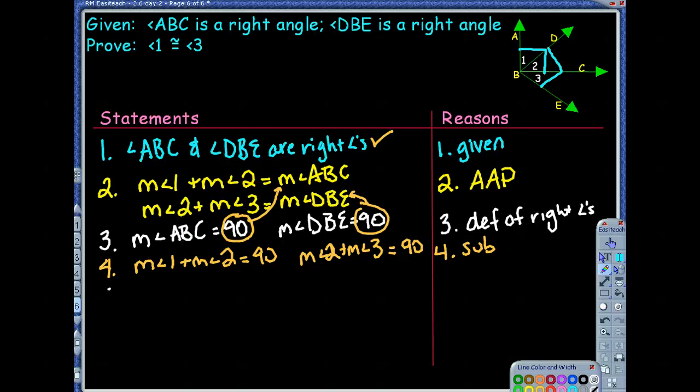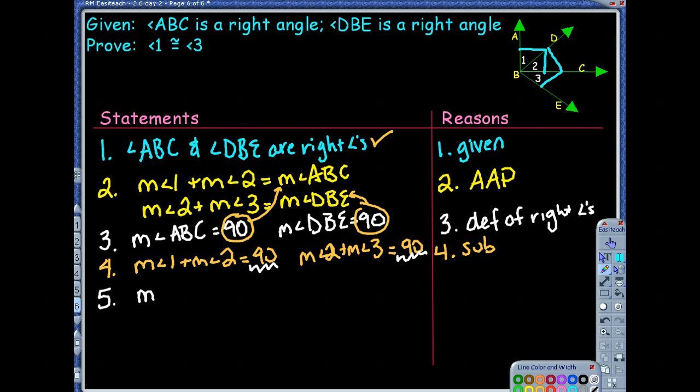All right. So at this point I'm thinking a couple different things. Maybe go ahead and set angle 1 plus angle 2 equal to angle 2 plus angle 3 because they both equal 90.